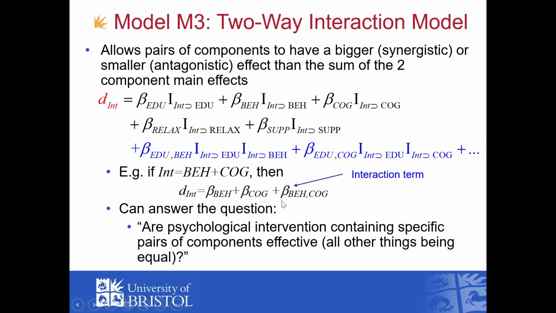So this additional interaction term, if it's positive, will mean that giving these two things together has an over and above effect than you would expect if you just had the effect of behavioural interventions on their own and the effect of cognitive interventions on their own. If it was negative, then it would suggest that they have an antagonistic effect. So this model can answer the question, are psychological interventions that contain specific pairs of components effective, everything else being equal?